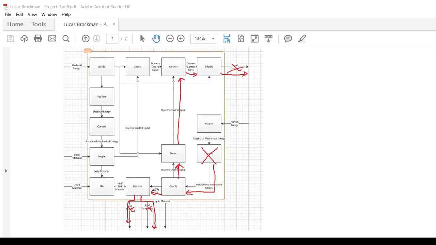Translational axis gearing failure: if the gearing on the translational axes gets gummed up or jammed or anything like that, even though the failure would be passed through here, it wouldn't really affect the remove section because the tooling would be fine and the part would be fine, so technically it could still remove.